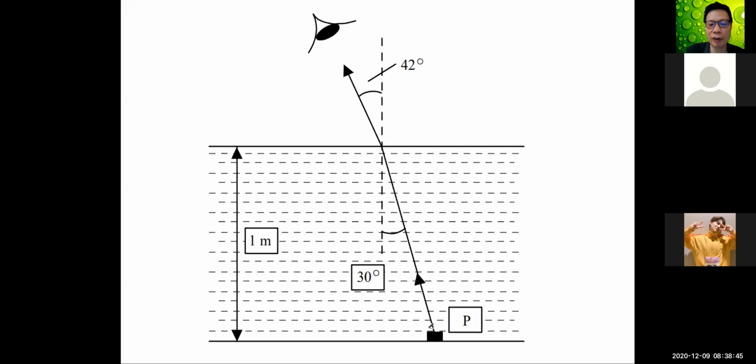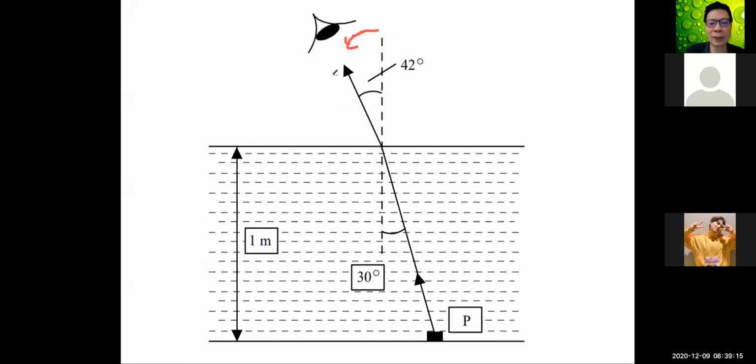So the light moves from the water out into the air. You see, it will refract away from the normal. This is the normal, right? So it bends away from the normal. The angle of incidence is 30 degrees, whereas the angle of refraction here is 42 degrees.